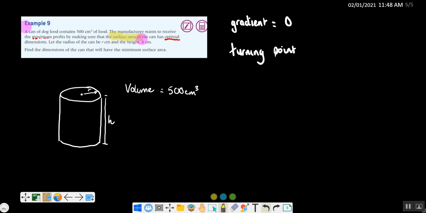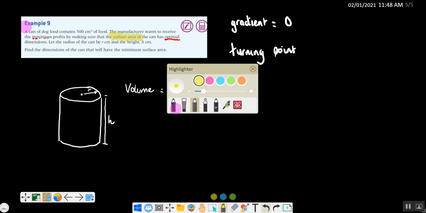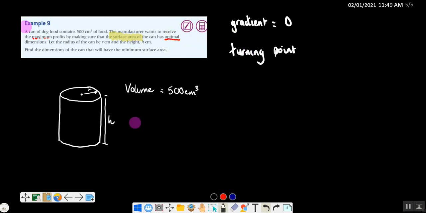We are told to look at surface area. So I've got two things I want to write down: what is the formula for the volume of a can, and what is the formula for the surface area.